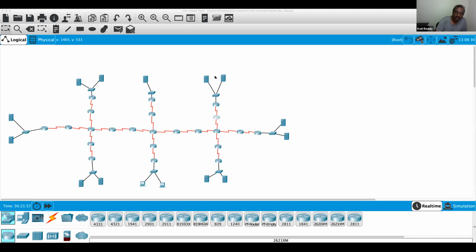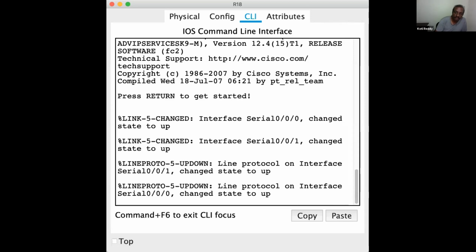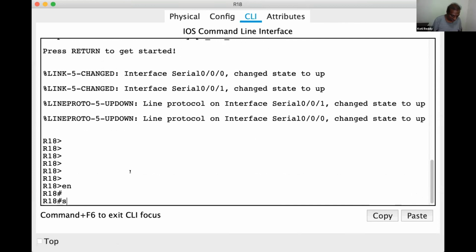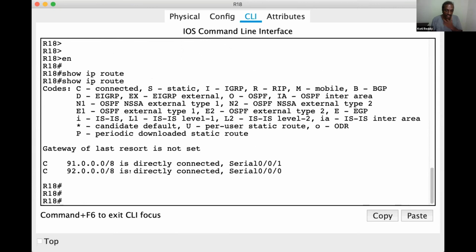So I go to R18. There, I say enable, I say show IP route. I could see only the 91 and 92 routes in the routing table, but I don't have a route for the 211 network ID.